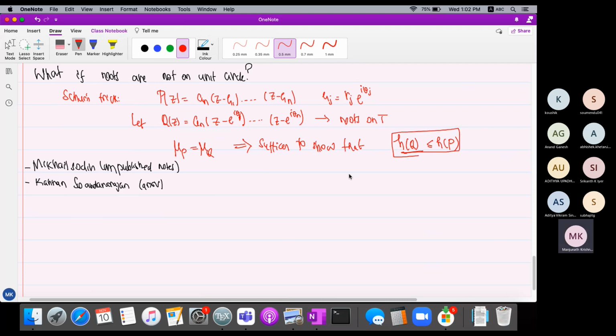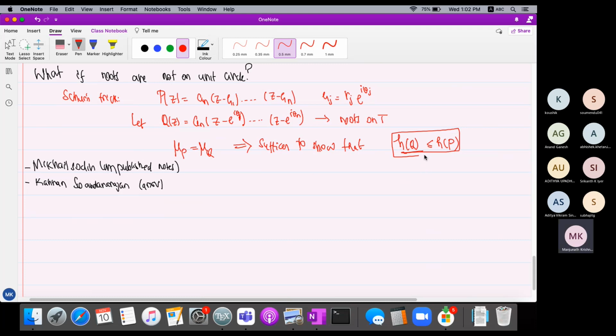Because we know mu_p(I) minus the Lebesgue measure is the same as mu_q(I) minus Lebesgue measure, which is bounded by square root of h(q) by n, and that is bounded by square root of h(p) by n. So it suffices to show this. When you go from q to p, this is what you want to show.